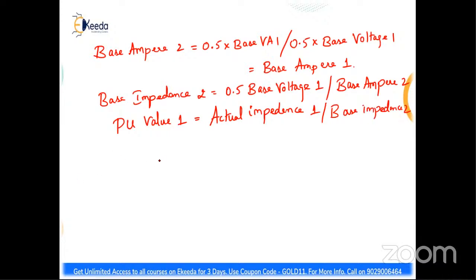The PU value, we know, is 0.15. Next, base impedance 2, that is 0.15 into 2. If you calculate, we will get 0.30 PU.